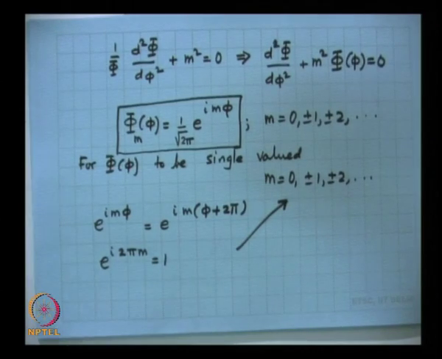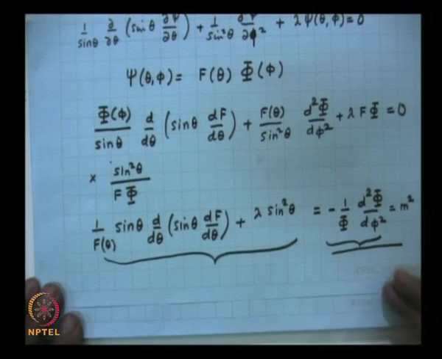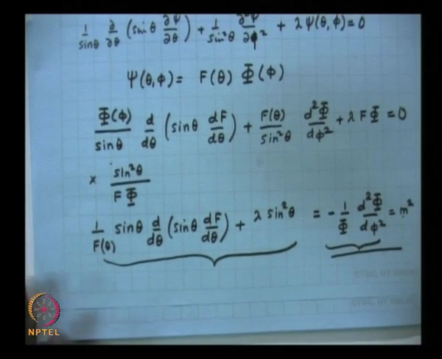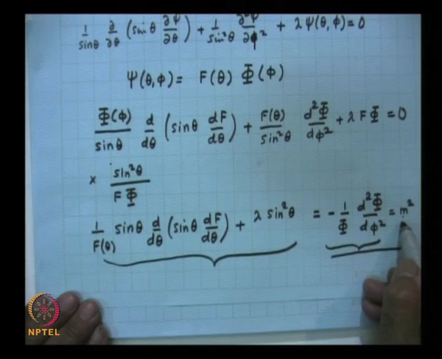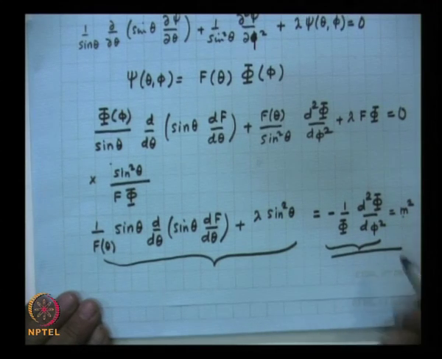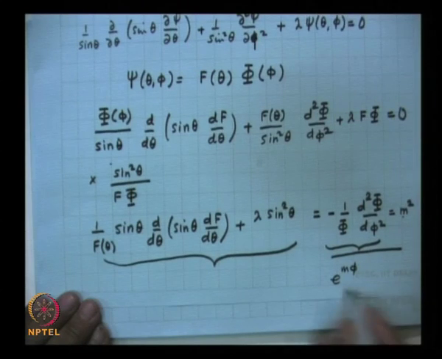So, we come back to this equation and we find that m square must be the square of an integer. Can I put this equal to a negative constant? The answer is of course we can, but if you solve this, then the solutions will be of the form of e to the power of m phi, which are not single valued functions.